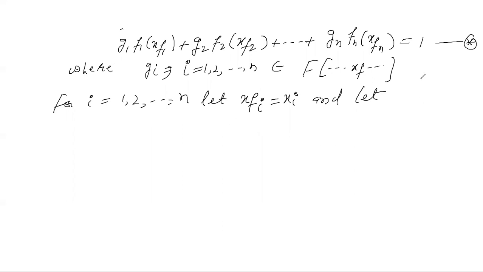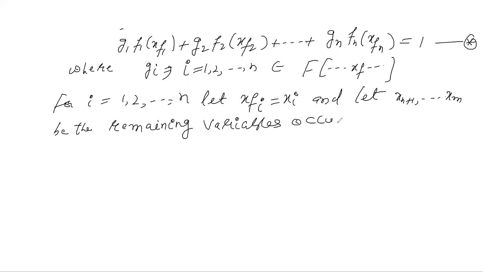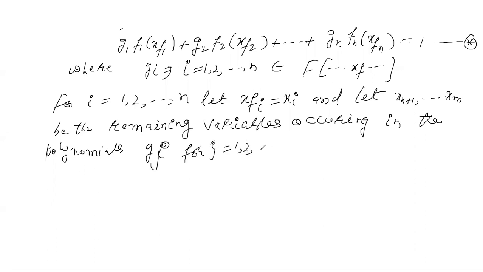So let x_{n+1} up to xm be the remaining variables occurring in the polynomials gj, for j running from 1 to n.